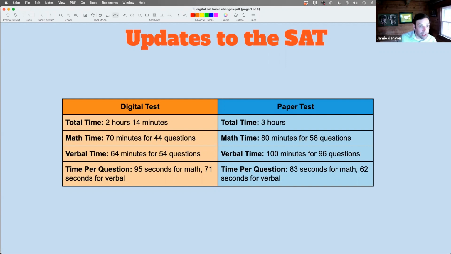Looks like we've got another one. Where is the test going to be taken, at home or just like it used to be? That's also a fantastic question. In my opinion, they should let you take it at home, but they will not. So you still have to go to a testing center or to your high school. For most people, it will be at your high school or a local high school.